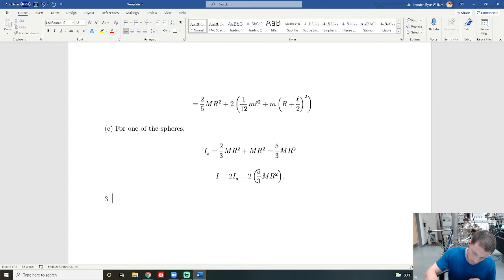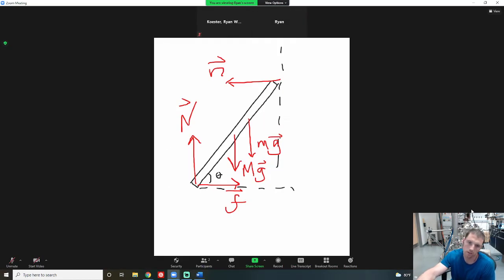I realize that you can't see this, I'll share my screen in a minute. I don't want to put the angle in too. This is theta. Okay, so this is the sketch. It should look something like this.